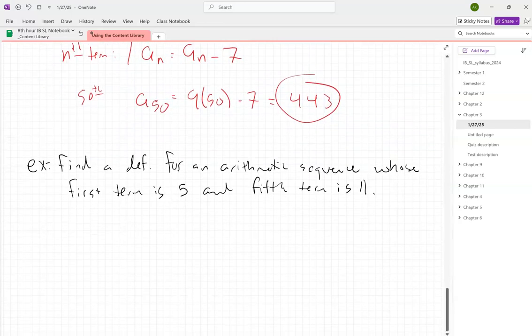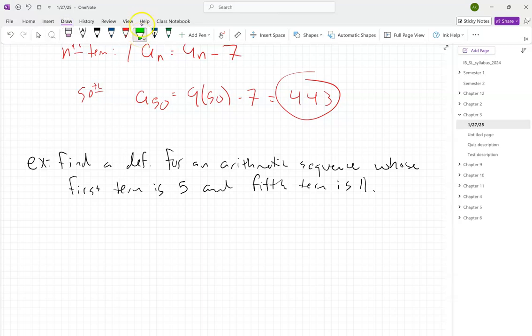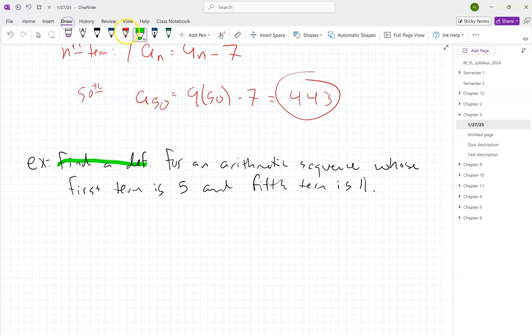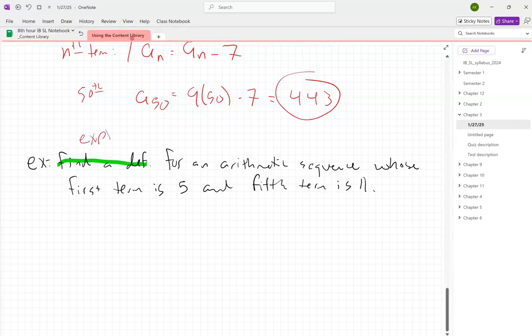All right, so find a definition for an arithmetic sequence. Again, this is another way of just asking for that explicit formula. It tells me the first term is 5, and the fifth term is 11, so I know a sub 1 is 5, and then a sub 5 is 11.